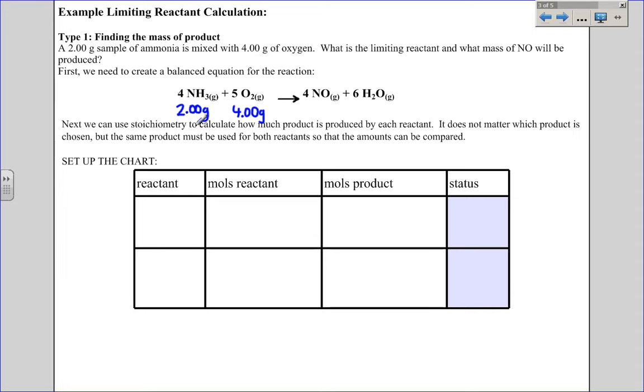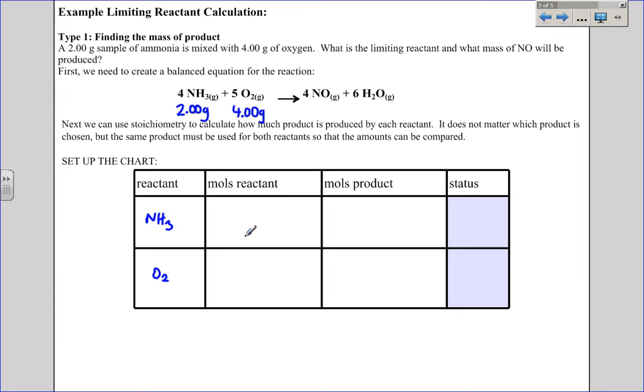So I need to identify first which one of these is limiting the amount of product, or which one is the limiting reactant. Now I can't just look at this and say, oh, I've got fewer grams of NH3, that's going to be my limiting reactant, because that's not how we define limiting reactant. We need to figure out which one is going to make the smaller amount of product.